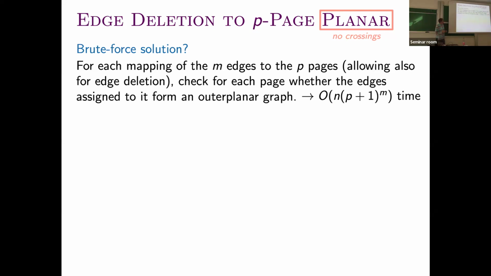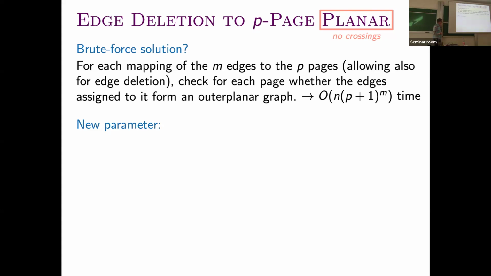You can test outerplanarity by adding the spine edges and then testing for planarity. You can do it in time linear in the number of vertices, and this is the number of mappings that you have to check. So this is the baseline comparison.